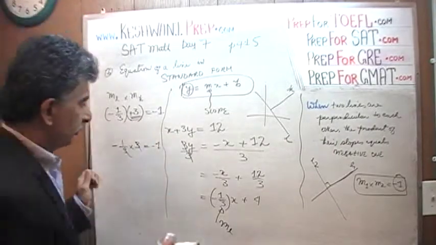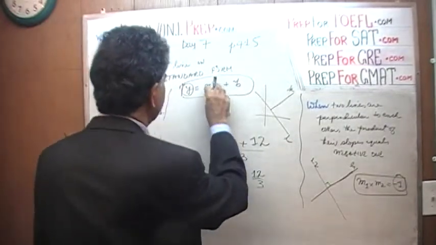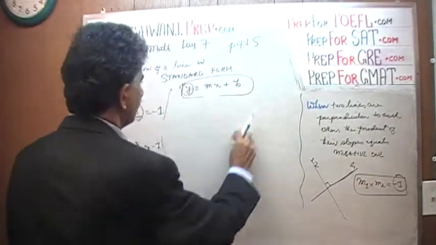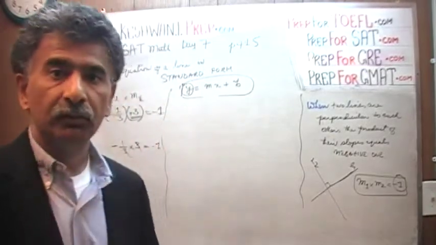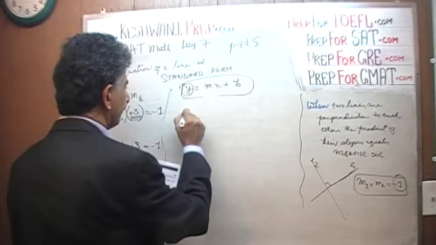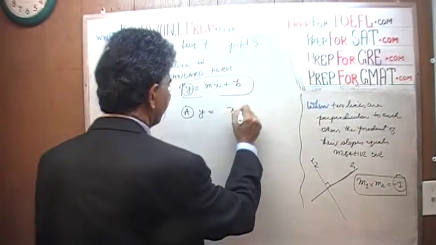Now let's put down the answer choices and see what happens. Again, keep in mind, this is the standard form. All the answer choices are given to us in standard form. All we have to do is find one which has a slope of positive 3. Let's find it. In A, they tell us that y equals x plus 2.